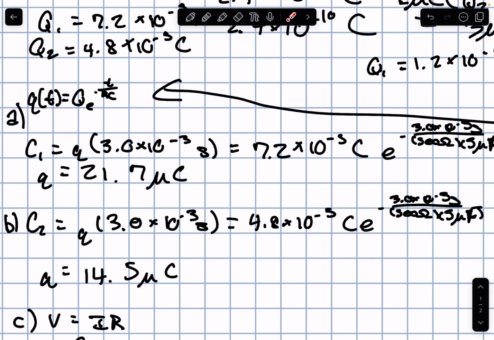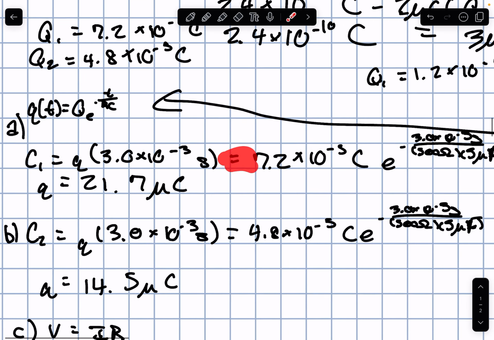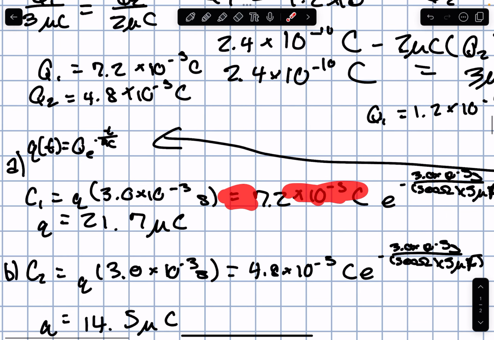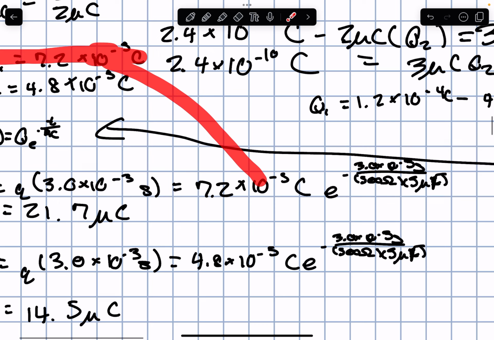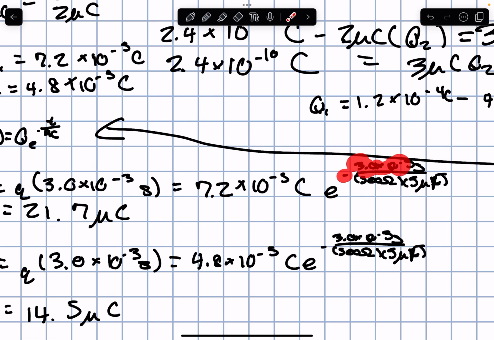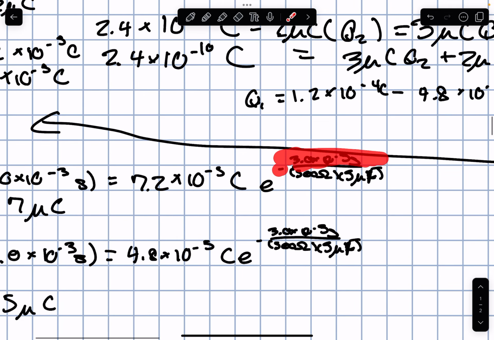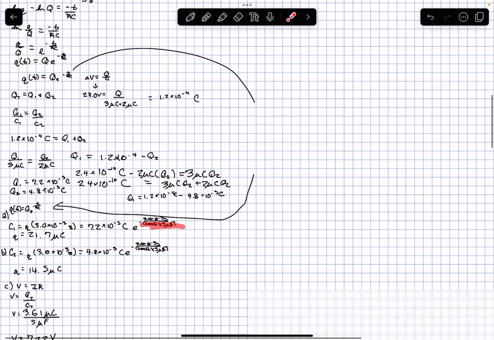So using the equation that we derived, our time is going to be 3 times 10 to the negative 3rd seconds, equals 7.2 times 10 to the negative 5th coulombs, which we got from up here, times e to the negative 3 times 10 to the negative 3 over 500 ohms times 5 microfarads.